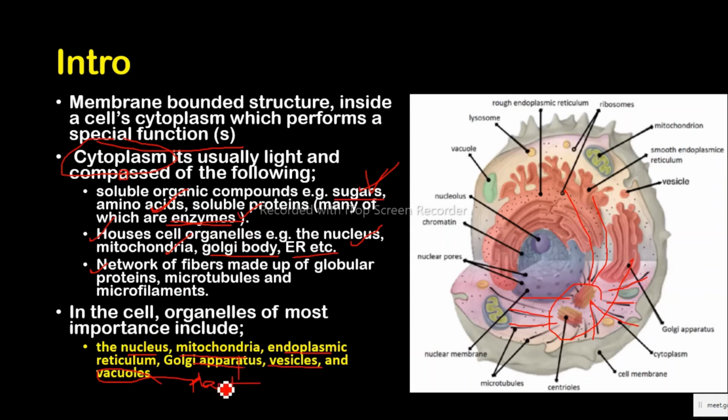And others, you may talk about the chloroplast if it's a plant cell. Not all organelles are equally important, some are more important. You can't say the nucleus is as important as a vacuole. However, they are all important, and we shall study each of these organelles.